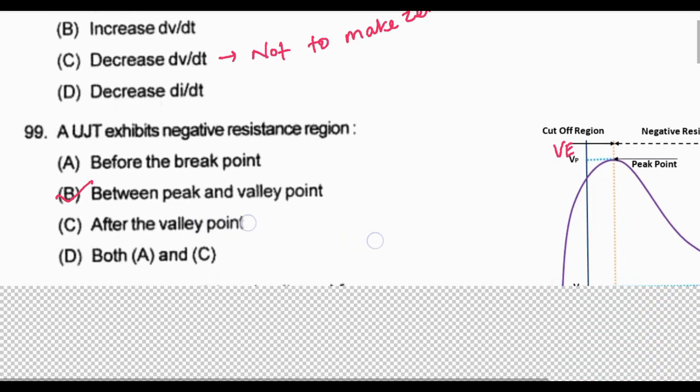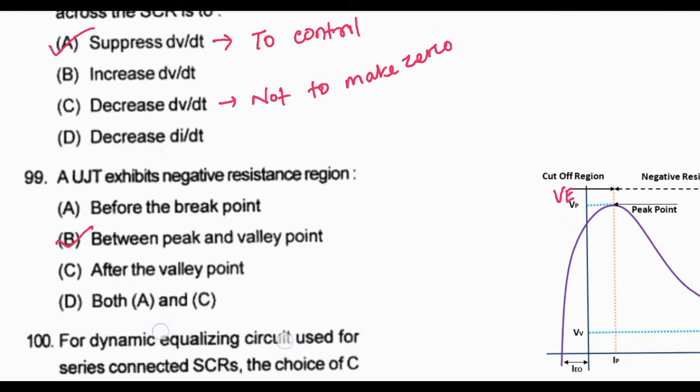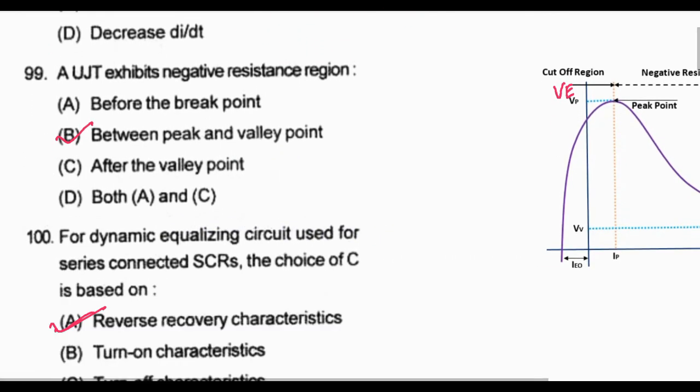So question number 99 is, UJT, unijunction transistor, exhibits negative resistance. What is the negative resistance region for UJT?